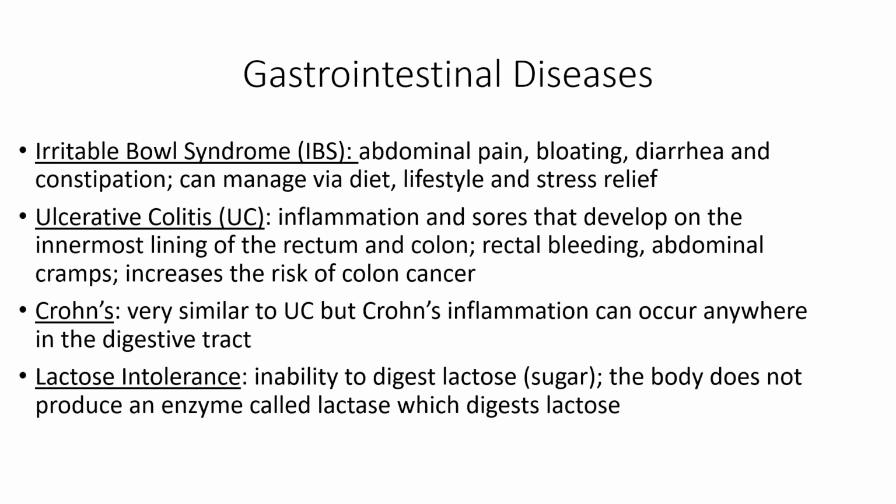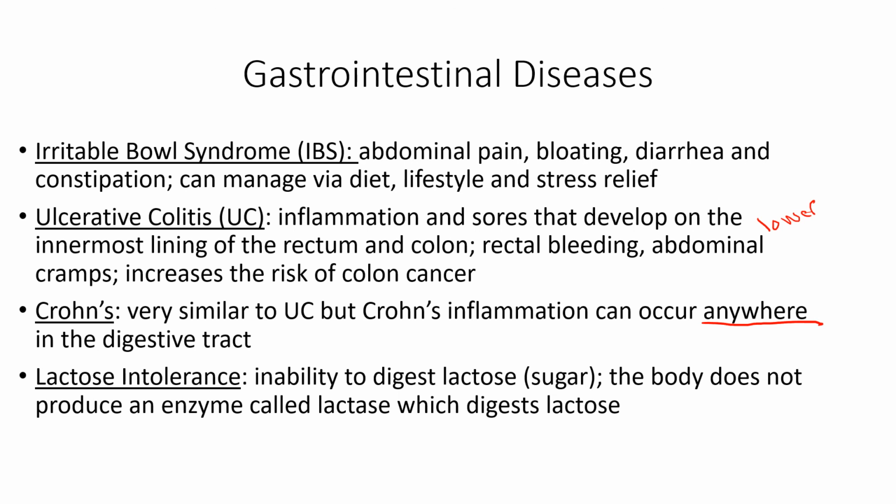So a big difference between ulcerative colitis and Crohn's is that ulcerative colitis is going to be lower, and Crohn's can be anywhere. So this is going to be ulcers or sores that can cause bleeding and discomfort.